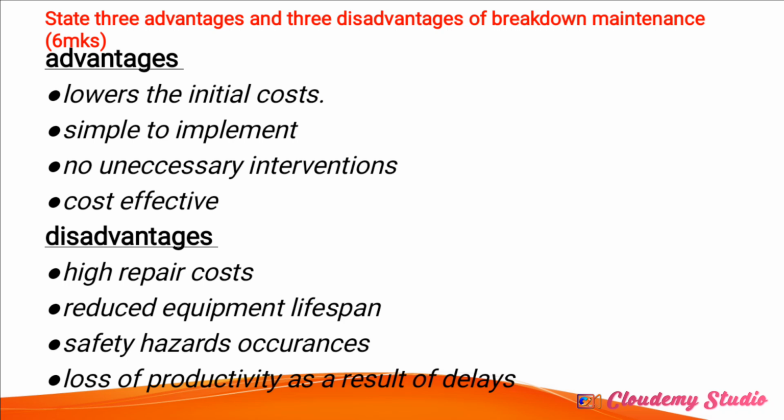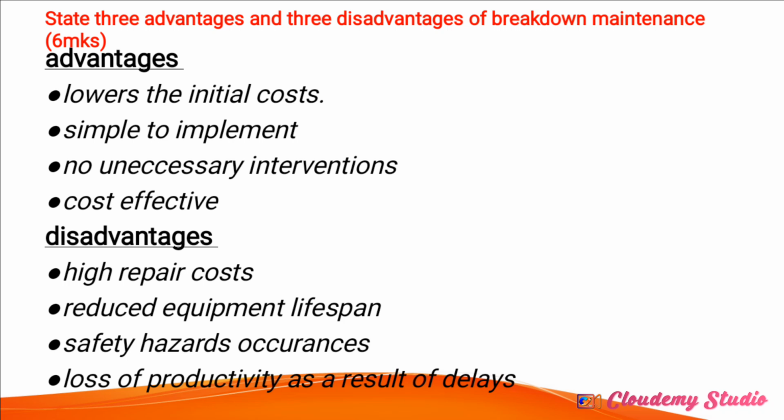And even the mechanics, when they are trying to troubleshoot vehicles, if they open that bonnet and find that there's a thing that was replaced, that is always their first point of contact, because you find that 90% of that fault is contributed by the faulty part that was replaced initially. Yeah. Then we have safety hazard occurrences.